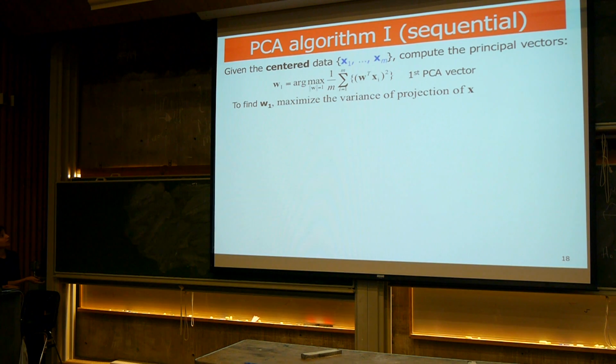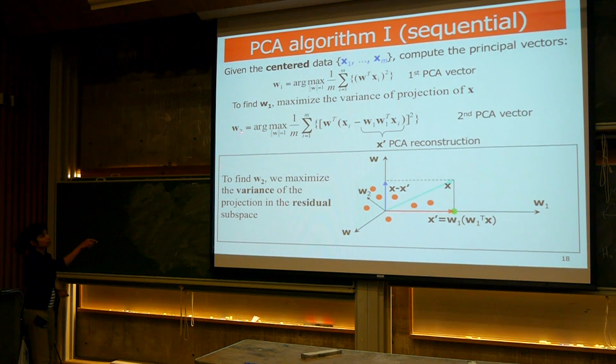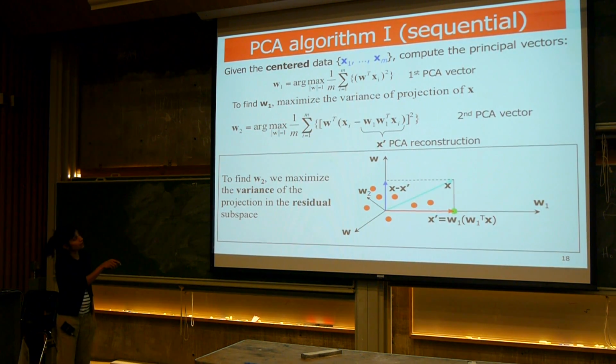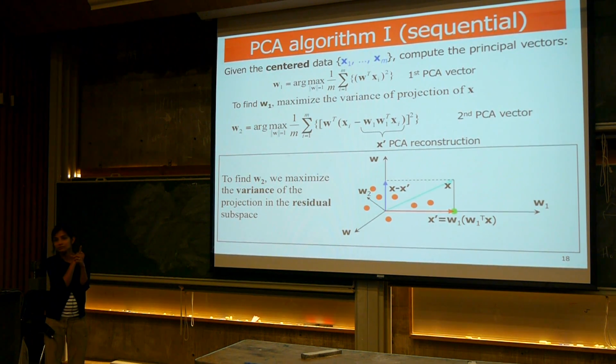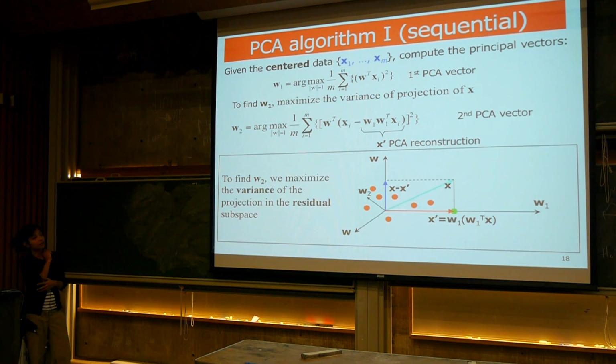And you can talk about getting the second one, which will be defined similarly, except that we are finding the w onto which not the original points, but the original points minus their projection onto the first component, have their variance explained well.